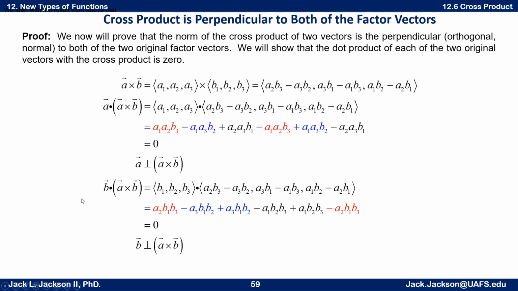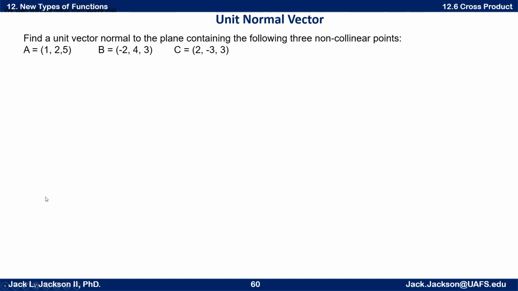And of course, then we have this kind of crazy formula right here for the cross product, to make all that work out. Now, one nice thing about this being a vector is it is a normal vector or perpendicular vector, and sometimes we'd like to get our hands on a perpendicular vector.